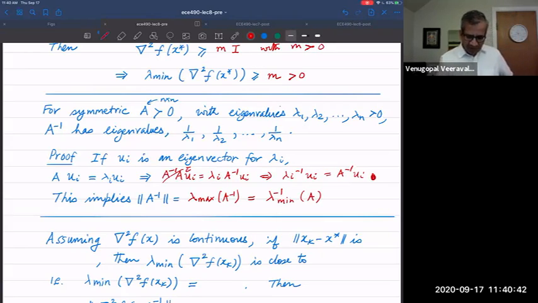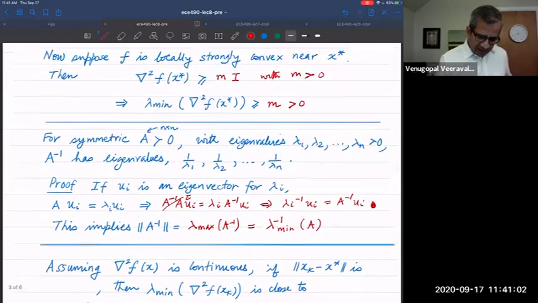The proof was just one line there, but this result implies that if I want to find the maximum eigenvalue of A inverse, I look at the smallest eigenvalue of A and take the inverse of that. All right, so far so good.